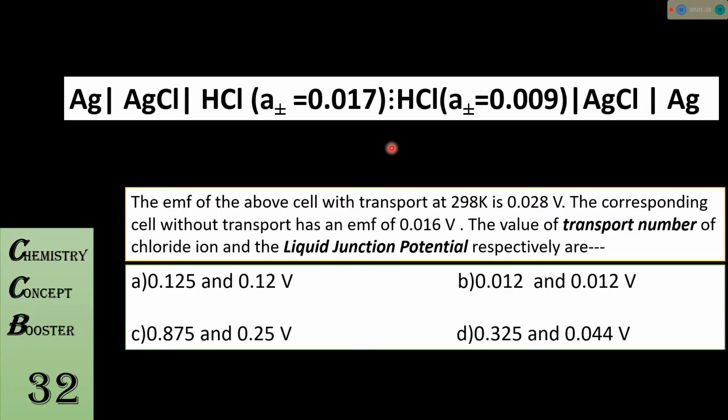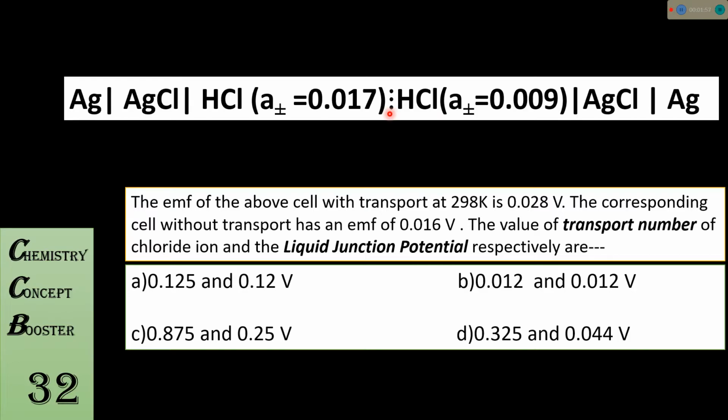Without transport means we are using some inert electrolyte to eliminate the liquid junction potential. But in this case, we have to consider the liquid junction potential. That's why we have to find the value of liquid junction potential in these questions. This 3 dot means the cell is with transport, not without transport.